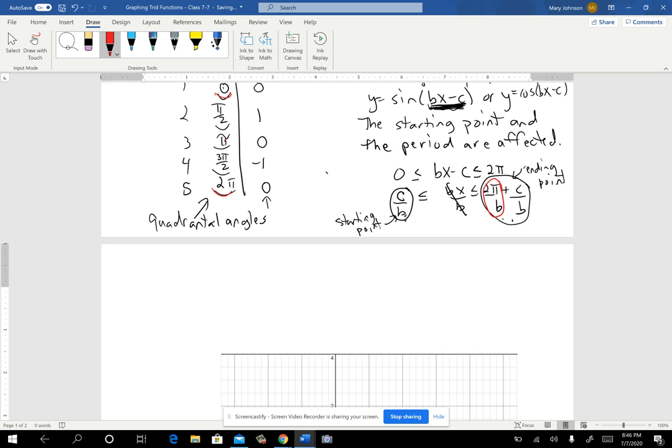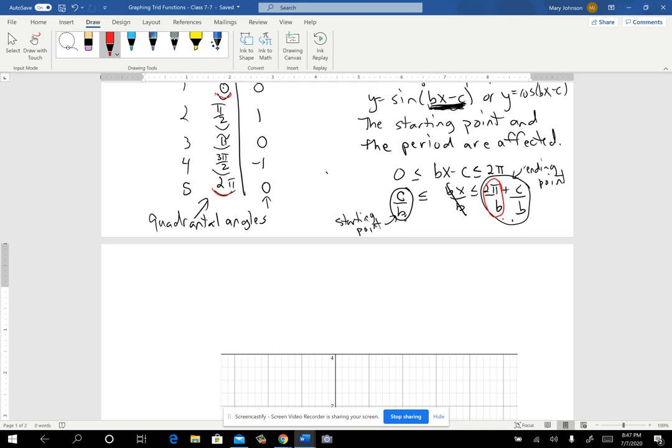So before I do some actual graphing, I'm going to take just those issues. I'm going to take some situations that we might be trying to do in the future and see if we can figure out what the 5 key points are going to be.